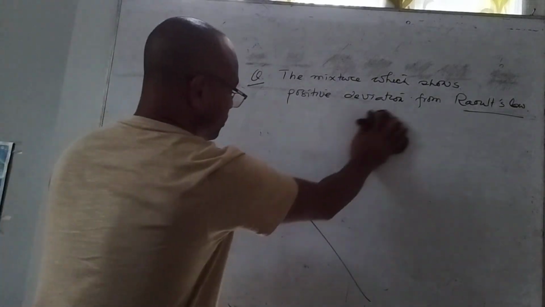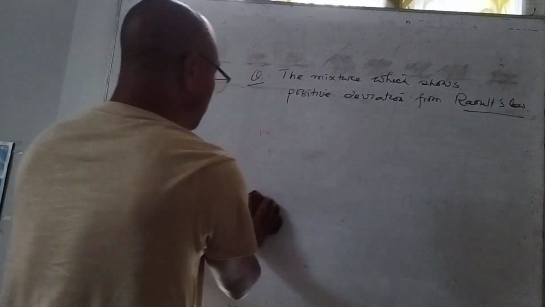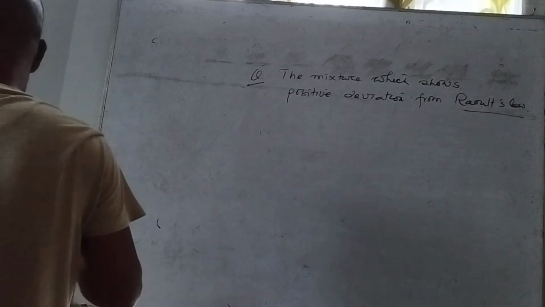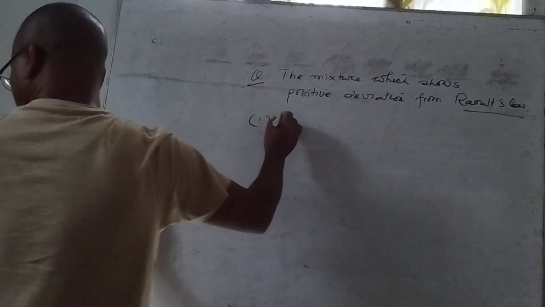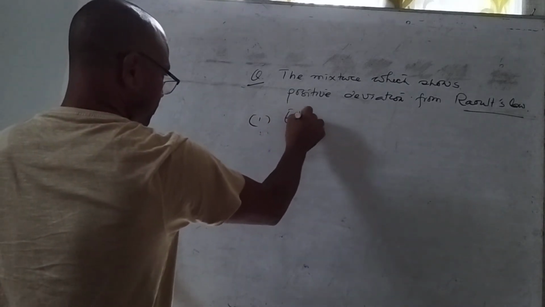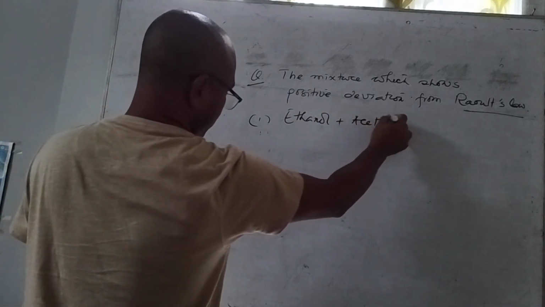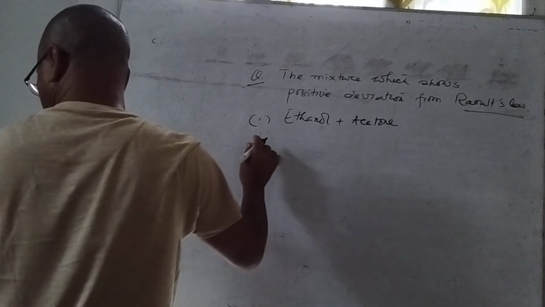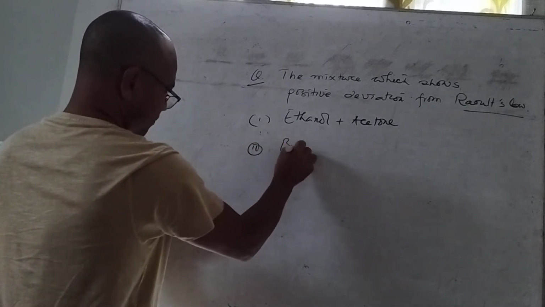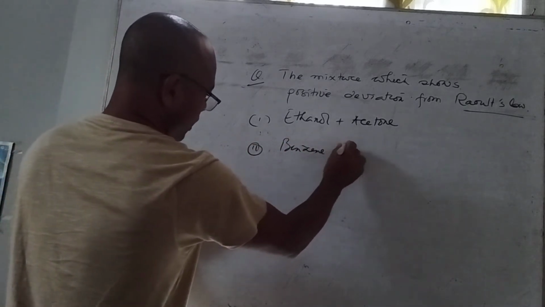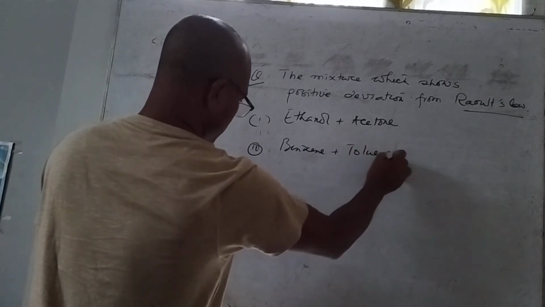Now here I give you the four options. What are the options? Number 1 is ethanol plus acetone. Number 2 is benzene plus toluene.